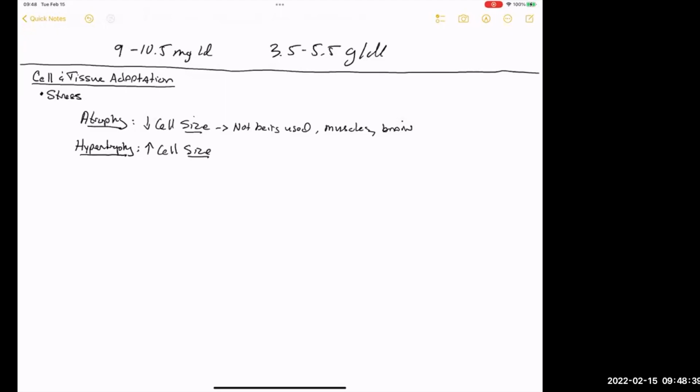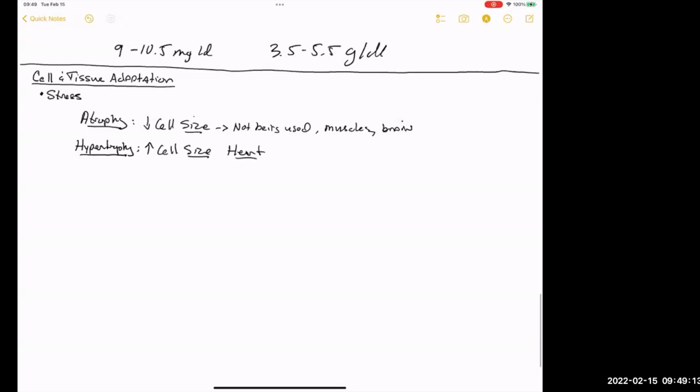When muscles get used a lot and placed under stress and have to work a lot more, they will increase in size. Muscle cells, myocytes, tend not to divide. And if you lose muscle, you tend not to get that muscle back if you lose the actual cells. Like if there's an injury, for example, you tend not to get those lost cells back, but the remaining cells can undergo hypertrophy.